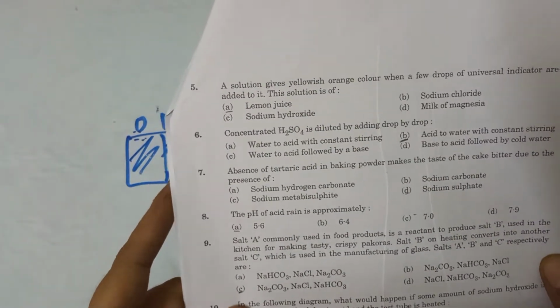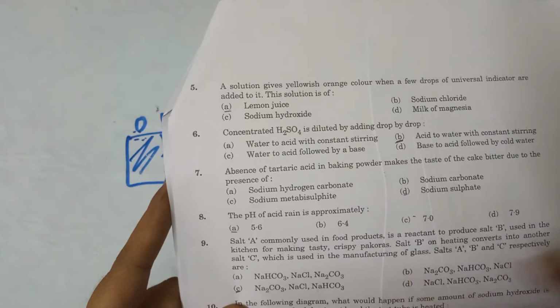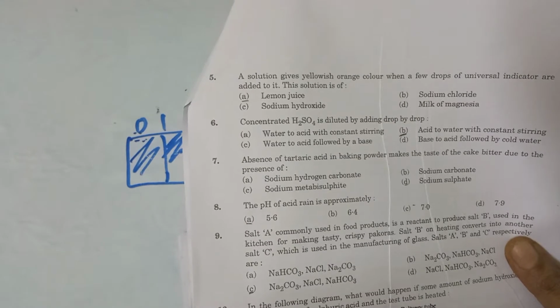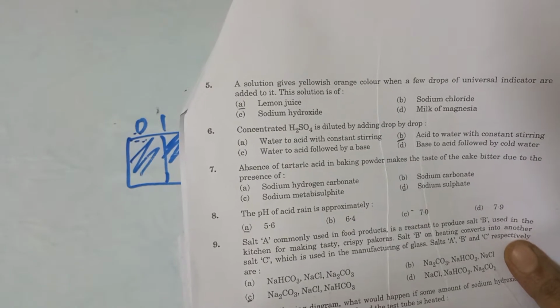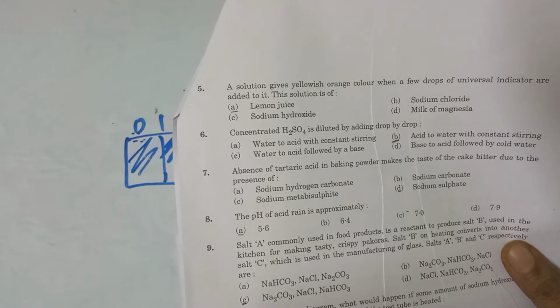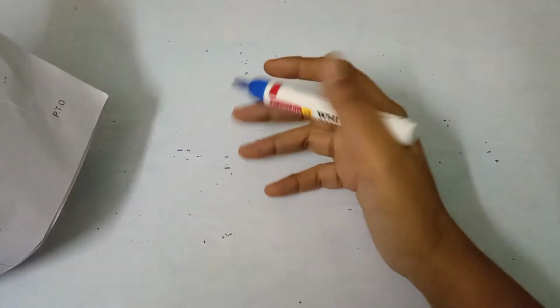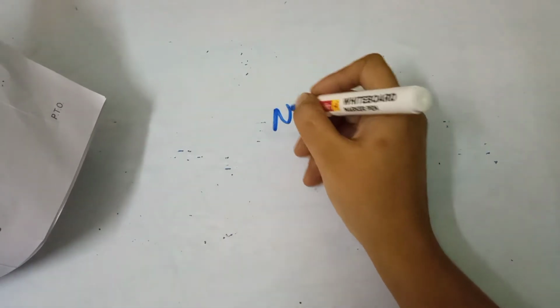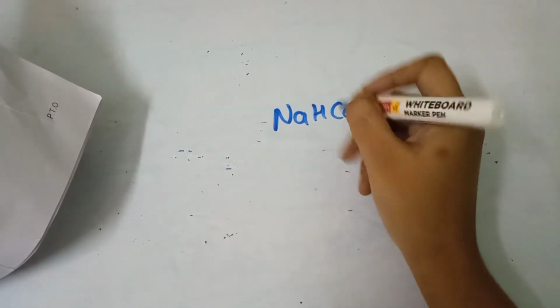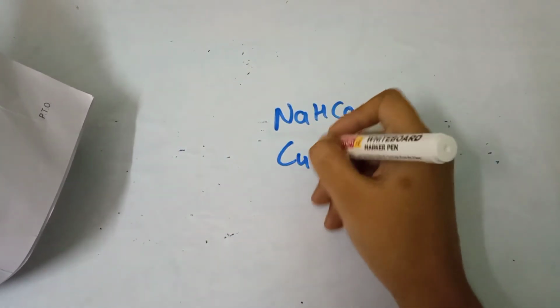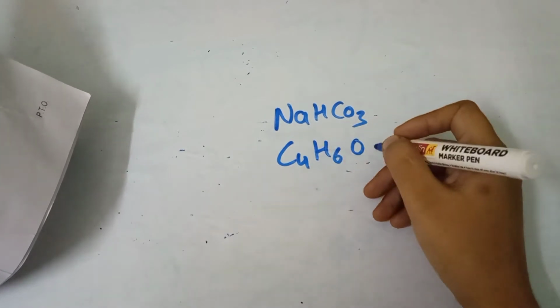In the seventh question, absence of tartaric acid in baking powder makes the taste of the cake bitter due to the presence of? If in a baking powder we do not add tartaric acid, then the cake tastes a little bitter, because we know the chemical formula of baking powder is NaHCO3, and tartaric acid is C4H6O6.